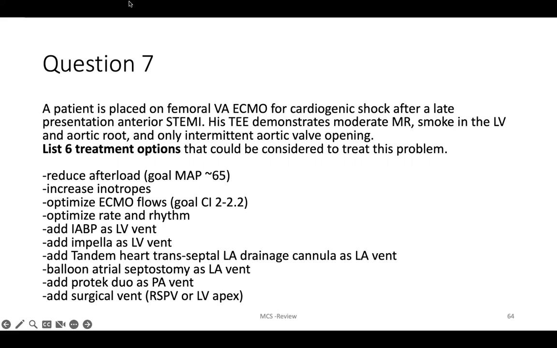It's an assumption, and it would be the same with the axillary approach. Some people say that if you use axillary cannulation instead of femoral, you will decrease the LV distension. But to be honest, I've looked at the literature and there is no good evidence to support that. Okay, all right, thank you.